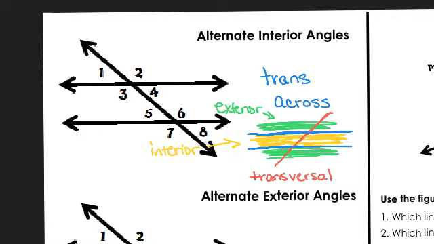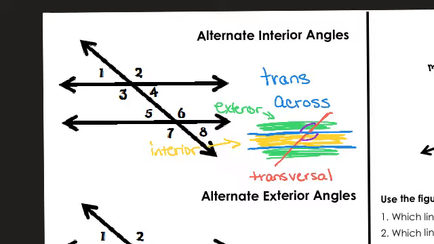Now, when this happens, you have some congruency, some same size, same shape. If you notice, this becomes an obtuse angle. And they're vertical angles because they are across from each other. Remember, we've been studying vertical angles.